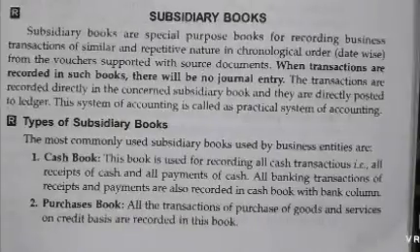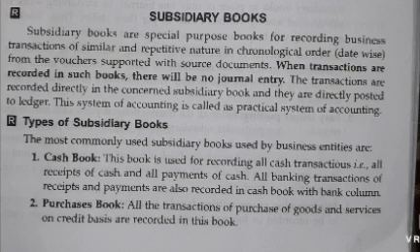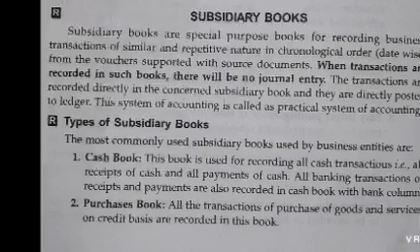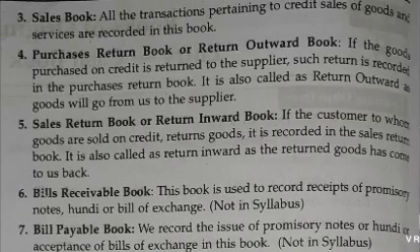Starting with the cash book, all transactions related to cash receipt or cash payment are recorded in the cash book. The transactions on a credit basis are recorded in the purchase book, sales book, purchase return or sales return book.